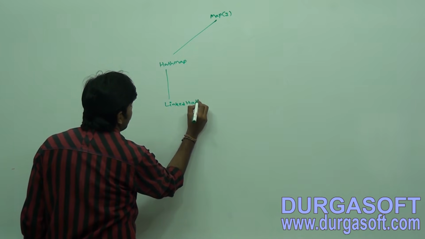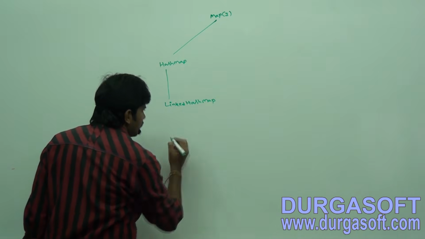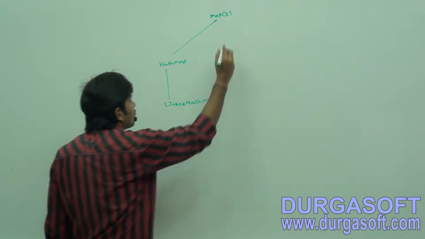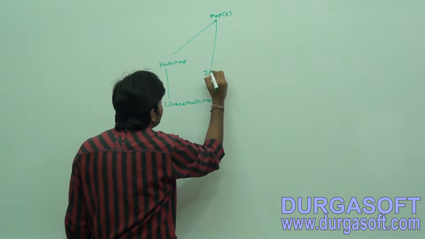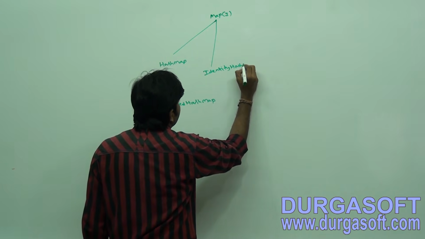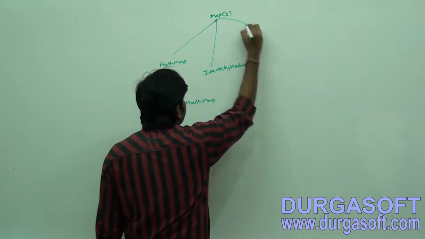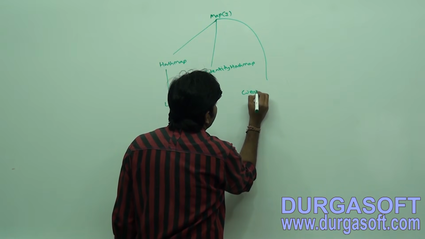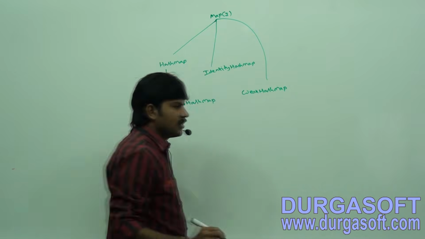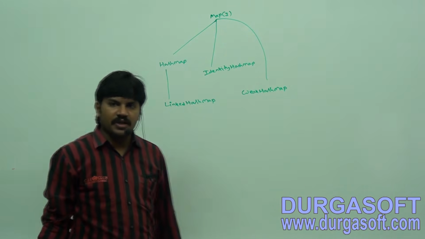What is the agenda related to Map? In this morning session, we are going to talk about HashMap, LinkedHashMap, IdentityHashMap, and after that WeakHashMap. The HashMap which is very weak is called WeakHashMap.